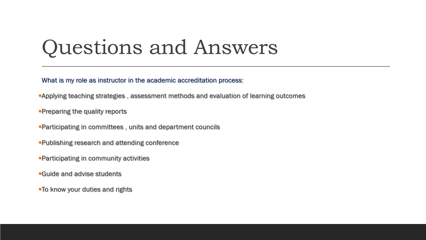What is my role as an instructor in the academic accreditation process? First of all, applying teaching strategies, assessment methods, and evaluation of learning outcomes, preparing the quality reports, participating in committees, units, and department councils, publishing research and attending conferences, participating in community activities, and guiding and advising students, to know your duties and rights.